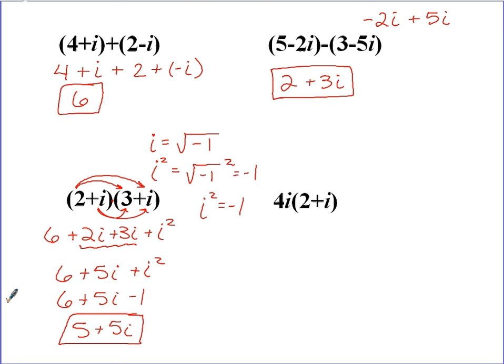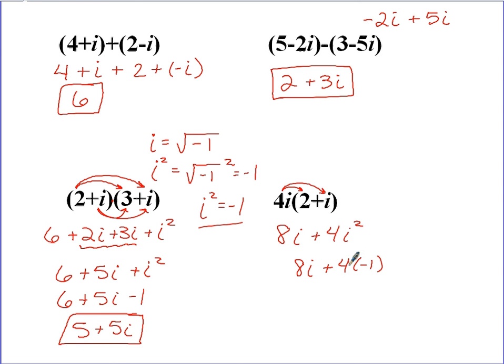Okay, on the next problem, I'm doing the distributive property again. I've got 4i times the 2 and 4i times the other i. 4i times 2 is 8i. 4i times i is 4i squared. And as we just talked about, i squared equals -1. So in the place of i squared here, we're going to put -1.